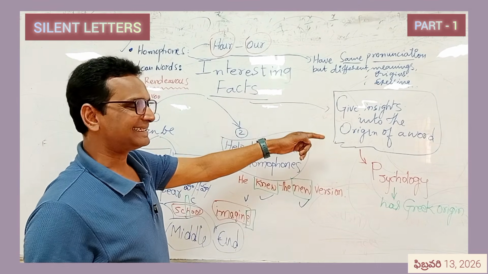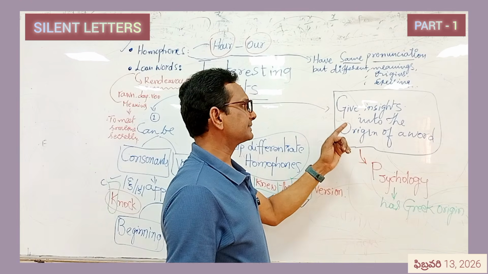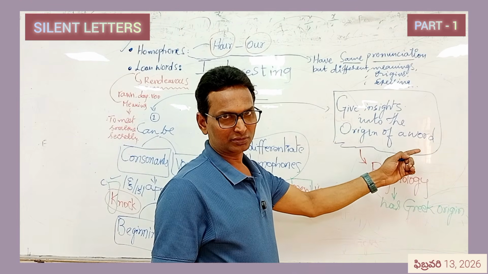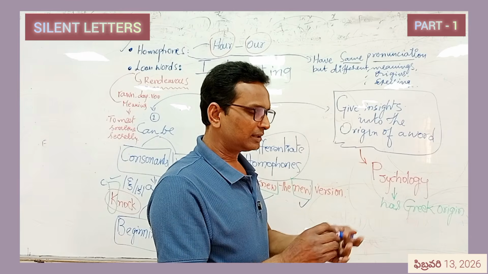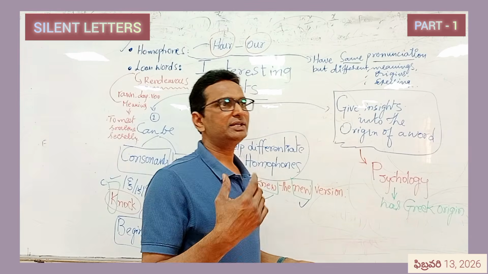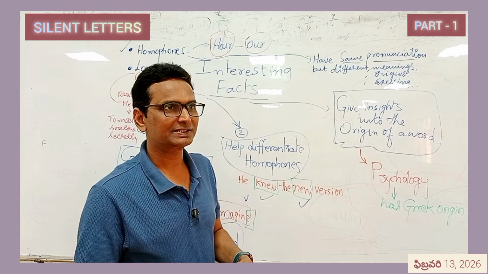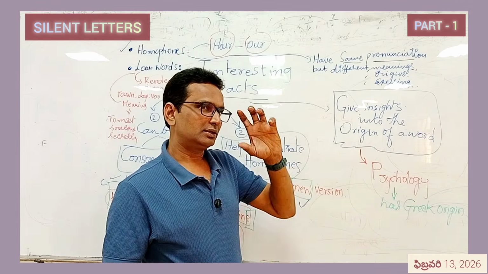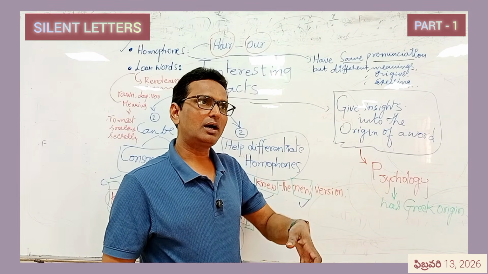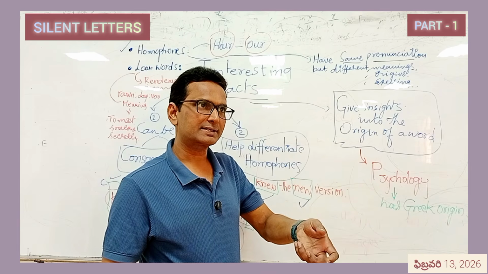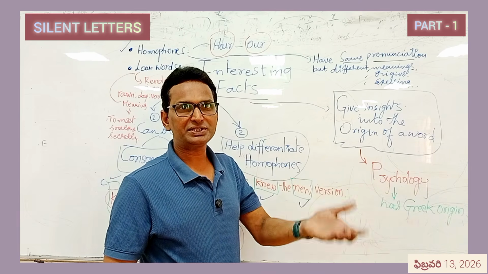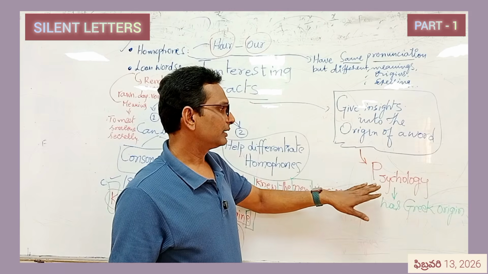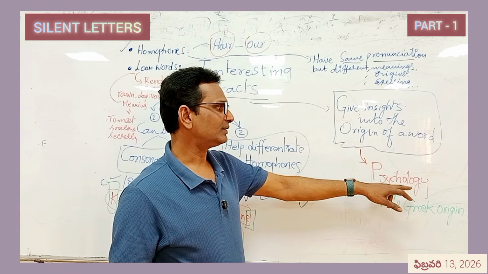Interesting fact number 3. Silent letters give insights into the origin of a word. When we do some research in linguistics, the study of languages, we have to know the word and its origin, how this word has originated and where it has come from. For instance, PSYCHOLOGY.